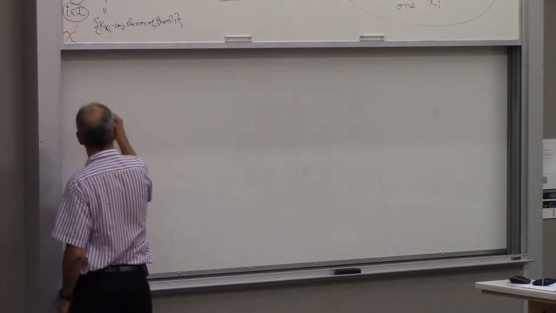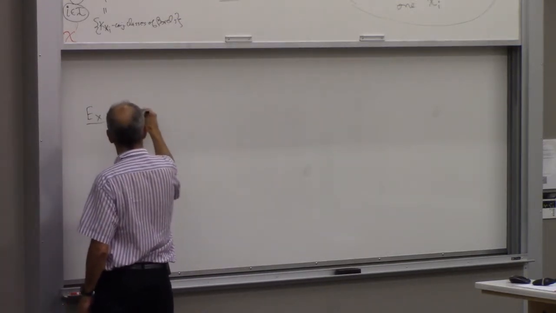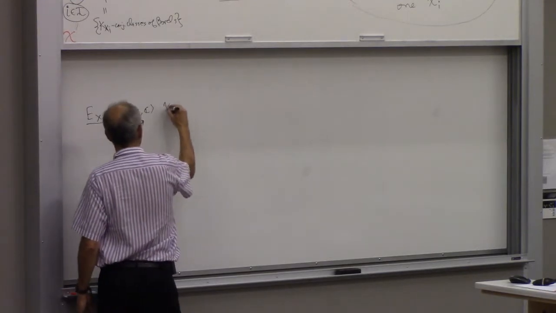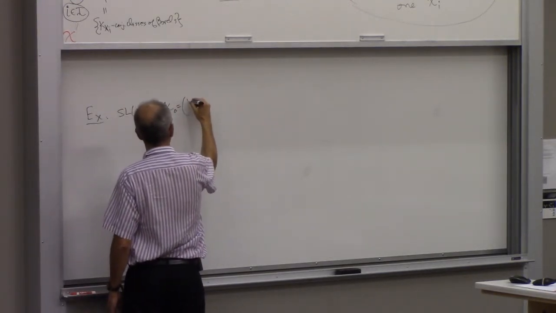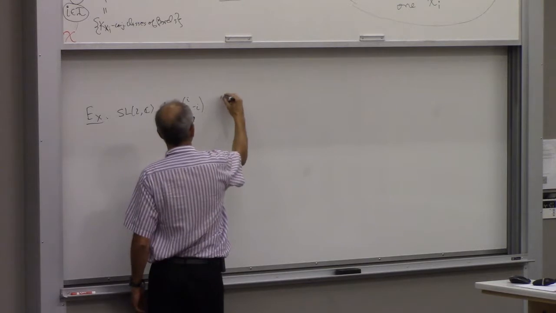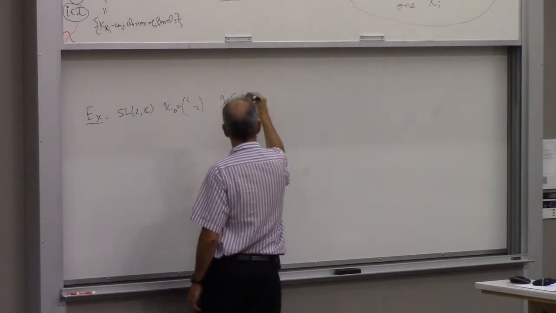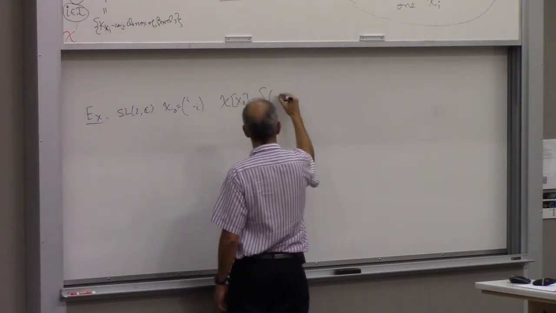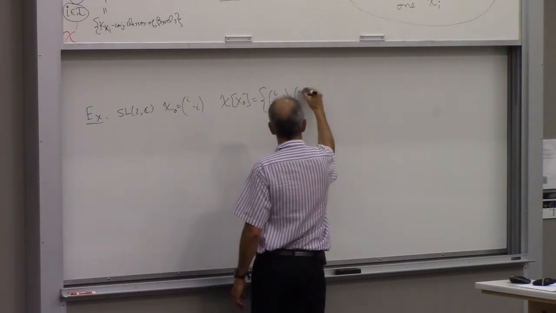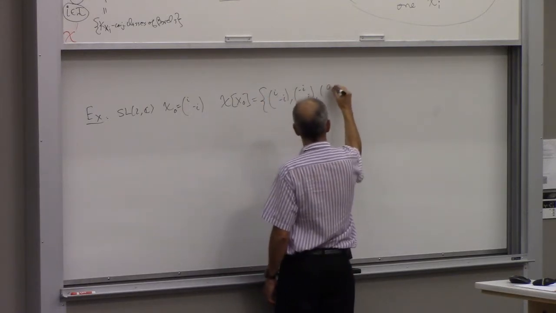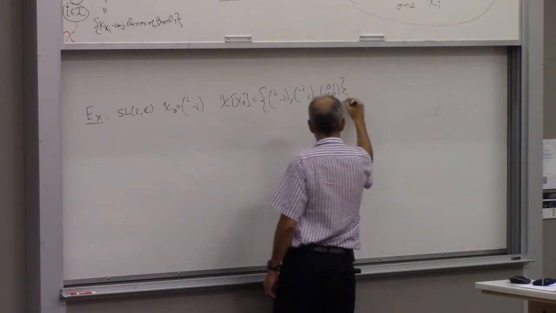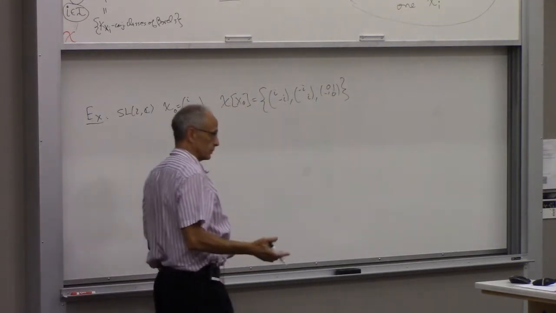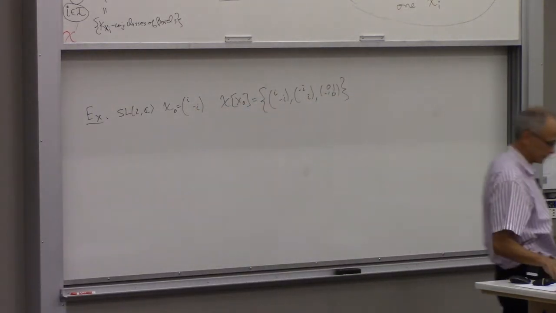For example, in SL2C, if you choose x_0 equal to the matrix with i and minus i on the diagonal, then this x bracket x_0 can be taken to be the set containing that and the matrix 0, 1, minus 1, 0. In Atlas, maybe I should just do this example.